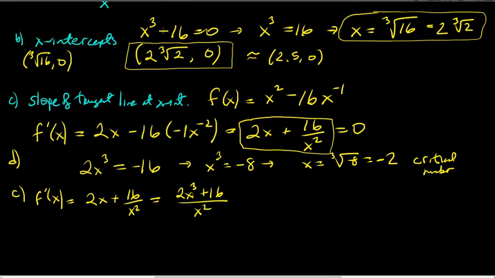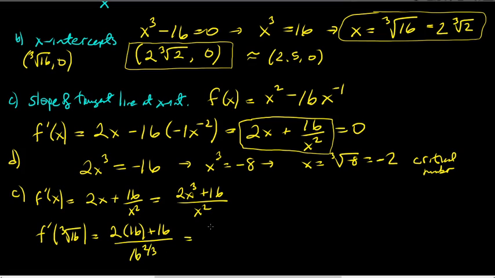So you're just going to plug in this number, cube root of 16, into the derivative. And maybe it is easiest in this form because the numerator is just 2 times 16 plus 16 divided by, well, the cube root of 16 squared. So that's going to be 16 to the 2/3.